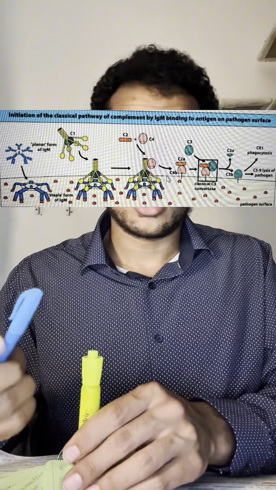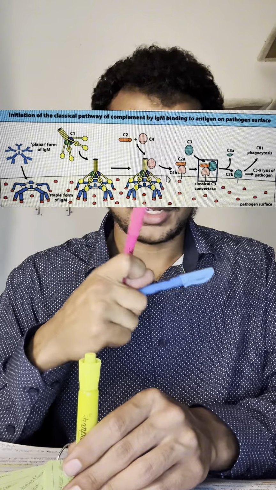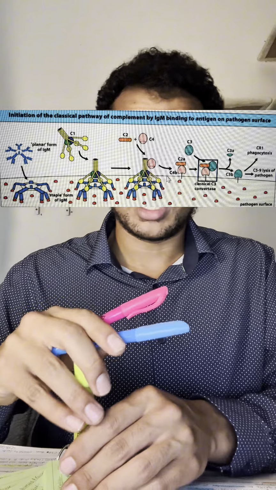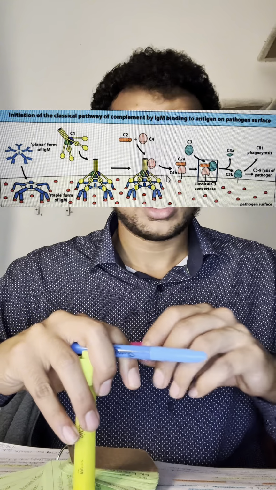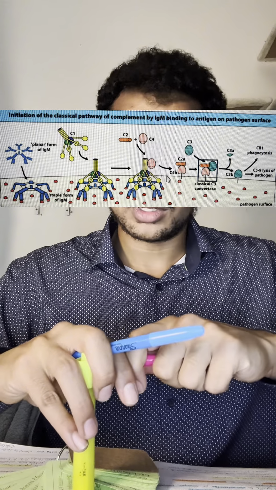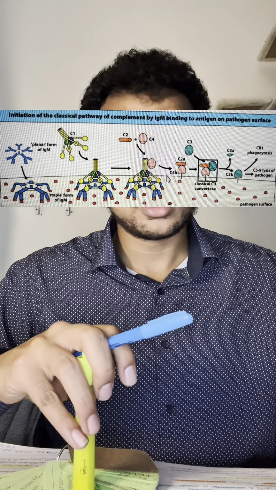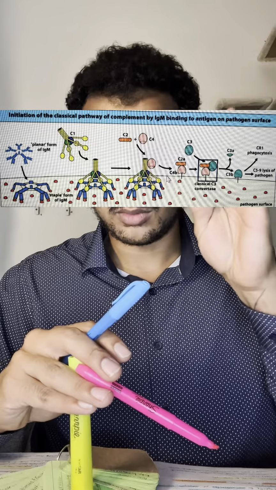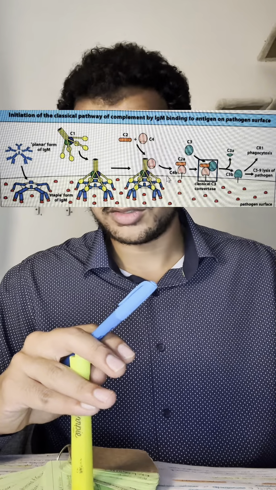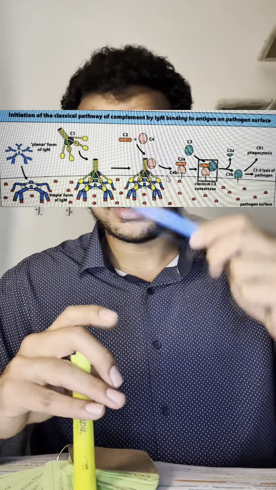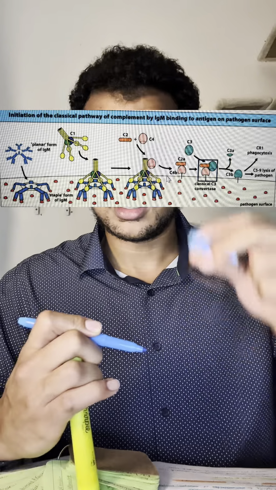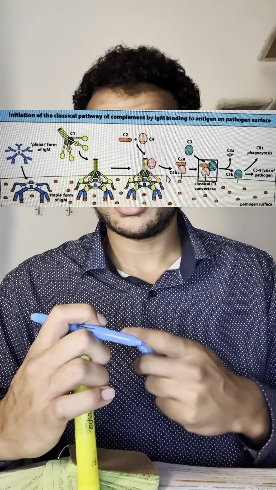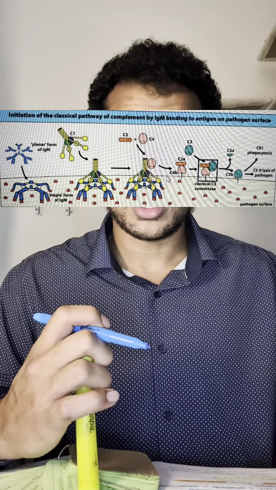So now comes in your C4 and your C2. They bind to your C1, and C1 cleaves C2 into C2b and C2a. You're going to discard C2b, and it cleaves C4 into C4a and C4b. You're going to discard C4a.